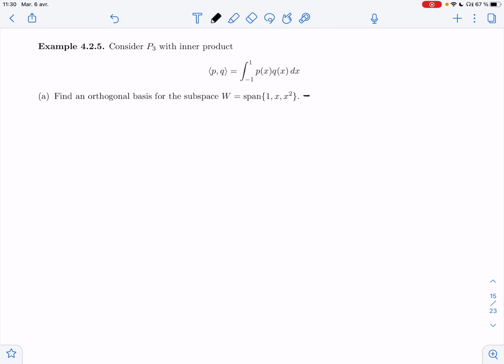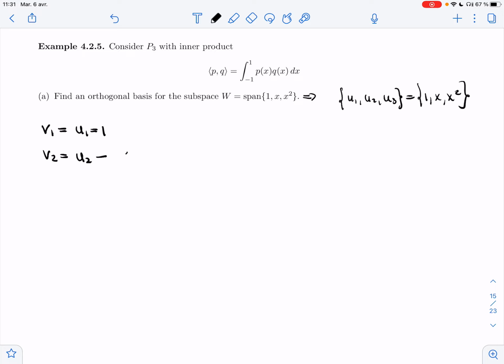So that means I'm going to use U1, U2, U3. That's going to be 1, x, x squared. I'm going to apply the Gram-Schmidt process to this. So I'm going to take V1 equals U1. That's 1. I need to project away from V1 when I construct V2.